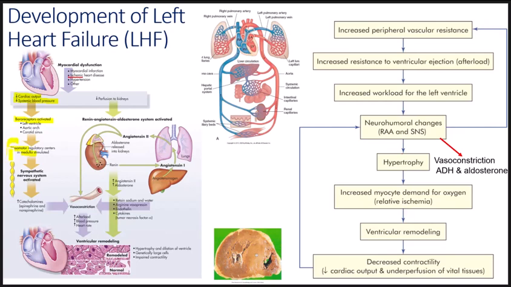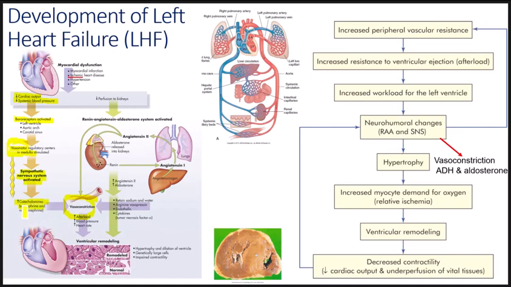And so what we will see in particular is this sympathetic nervous system response, as already discussed in this lecture, that leads to vasoconstriction. One group of chemicals that contribute to that are called catecholamines.